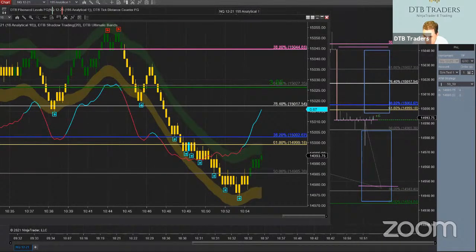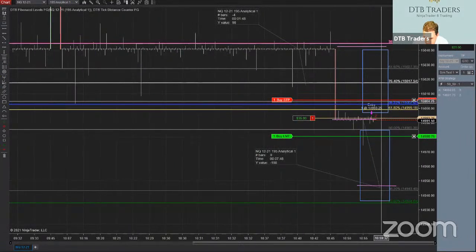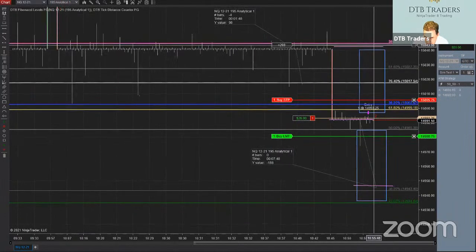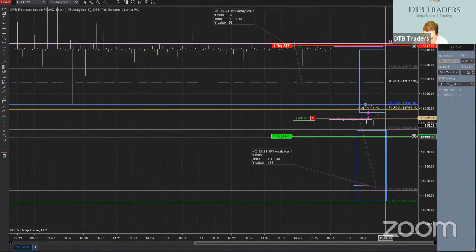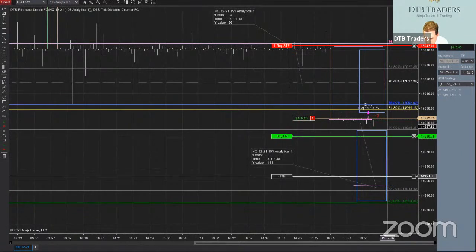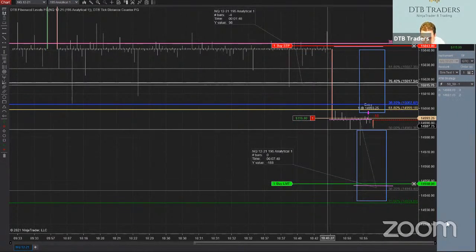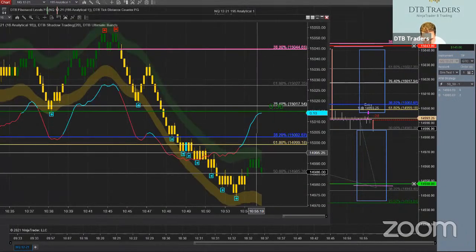If you were entering a position over here, that's the baseline, and you put the stop over here, and this target over here. So that is what that is saying.